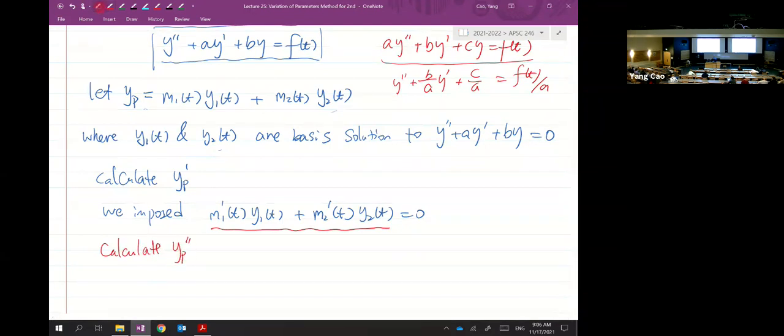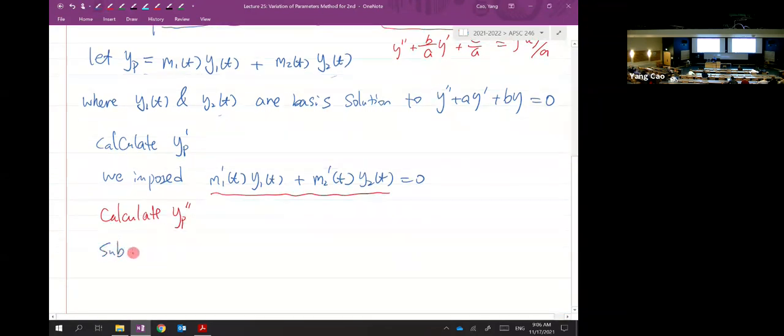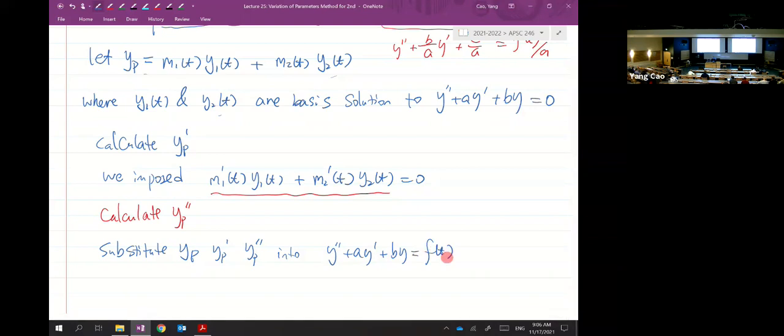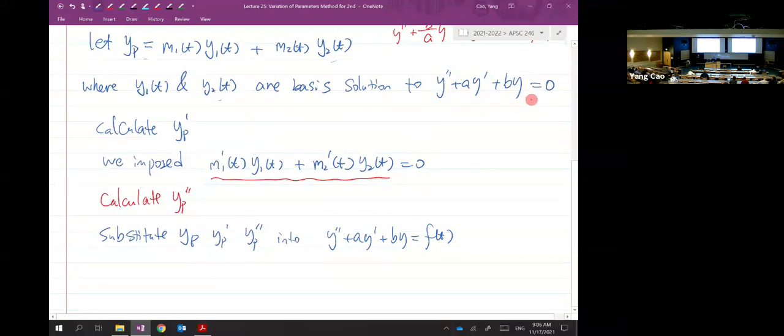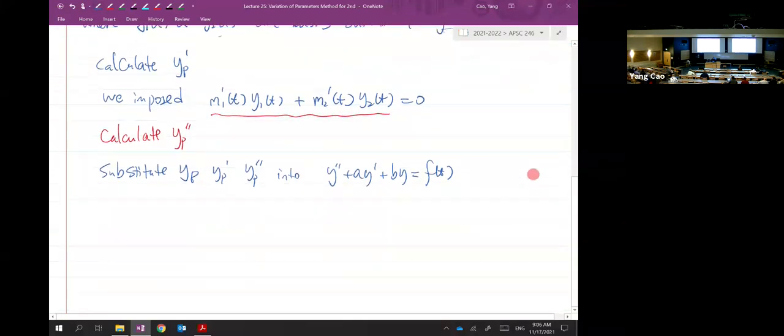And then we substitute yp prime and yp double prime back into the second order differential equation. After substitution, with some simplification, because y1 and y2 are solutions to the homogeneous equation, you end up with a term that is basically 0.